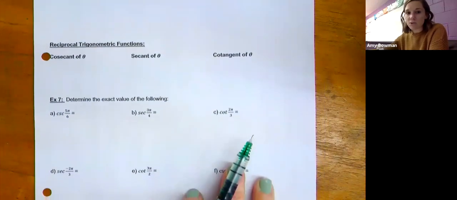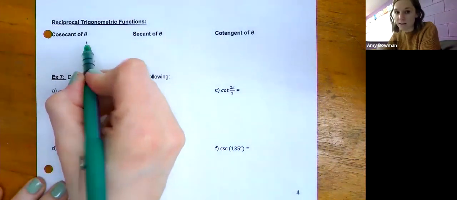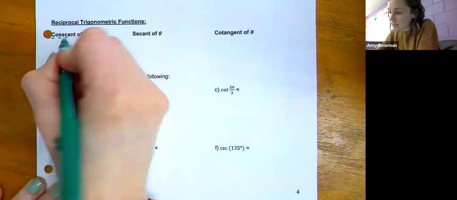I want to jump down to reciprocal trig functions. Reciprocal trig functions, cosecant, secant, and cotangent, which sound overwhelming and confusing, but it's just the reciprocal of the 3 trig functions we already know, sine, cosine, and tangent. So the cosecant of theta, the symbols we use for that are CSC.